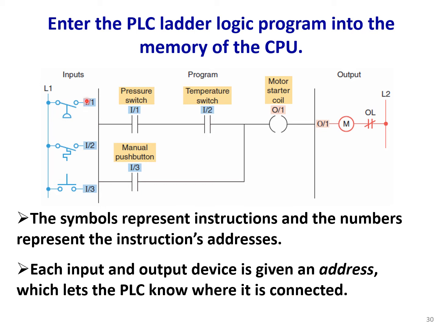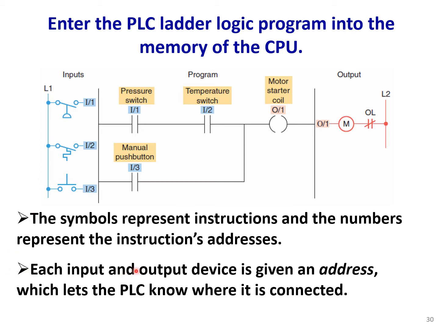It's an input, that's why it starts with I, and it's connected to the first port, so it's I1. In our programming, we just need to refer to the address. So when we use the I1 contact, now the program knows we mean, for example, the pressure switch.